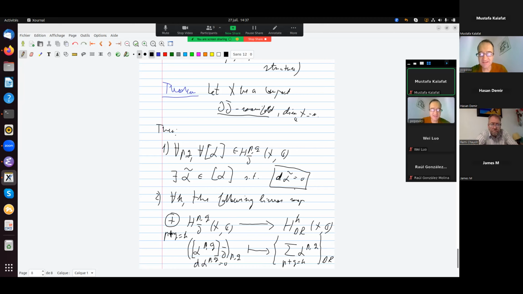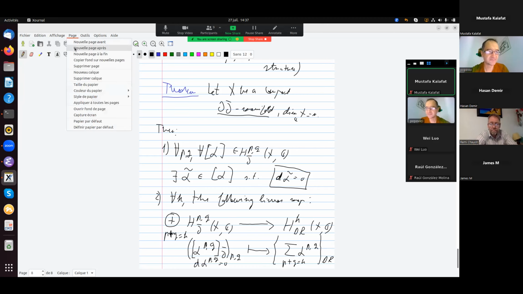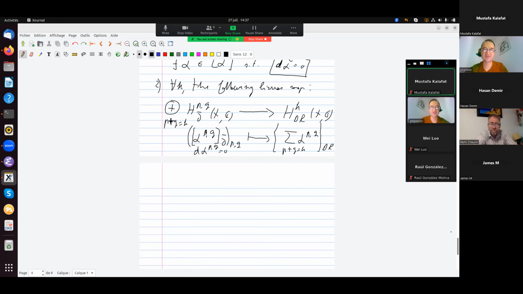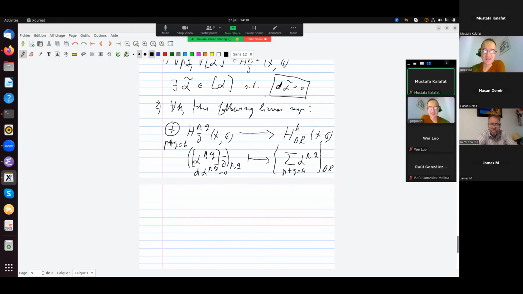And now the statement is that this map is, on the one hand, well-defined. Well-defined means that it does not depend on the choice of d-closed representatives, right? Because the first point says that every Dolbeault class can be represented by a d-closed form, but that d-closed representative is not unique, right?